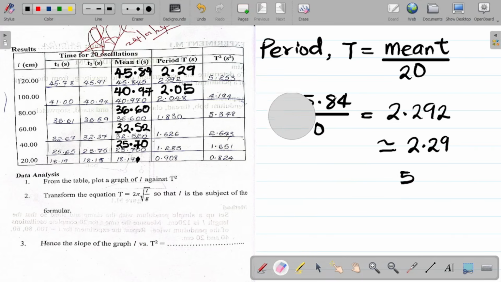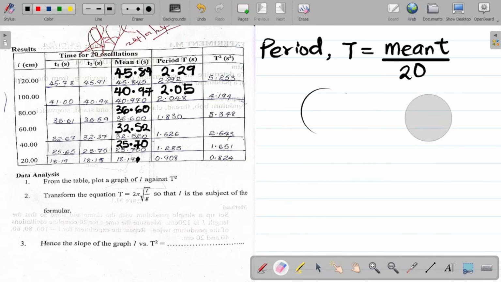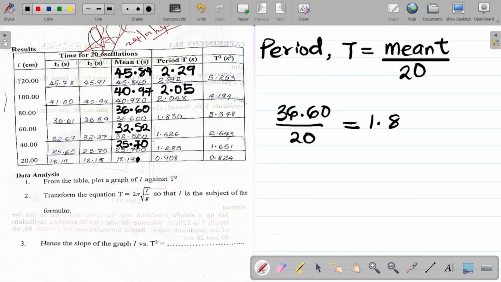Next up, let me take this one off. The next one I have there is 36.60 divided by 20. So 36.60 over 20 is about 1.83 in two decimal places.